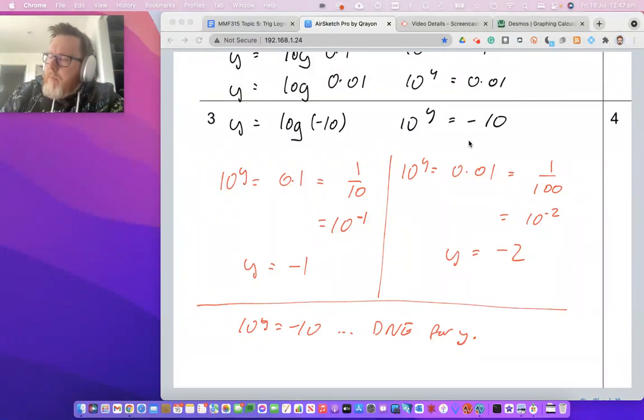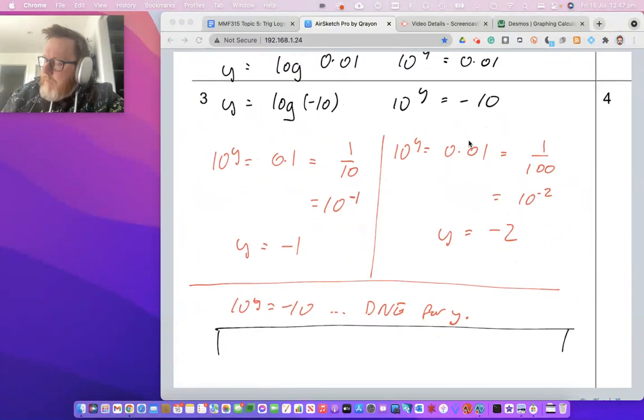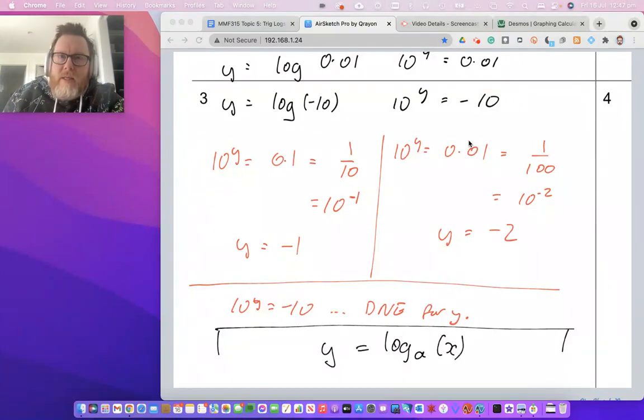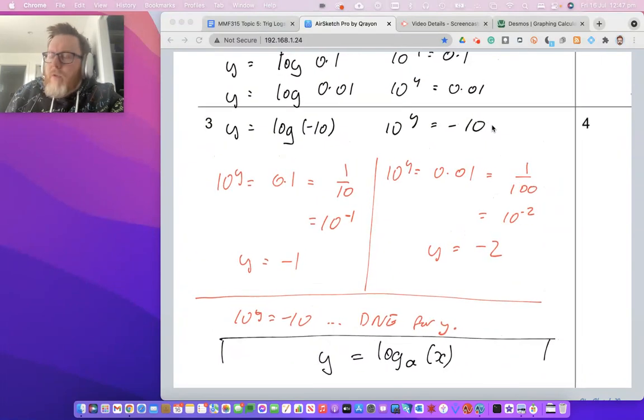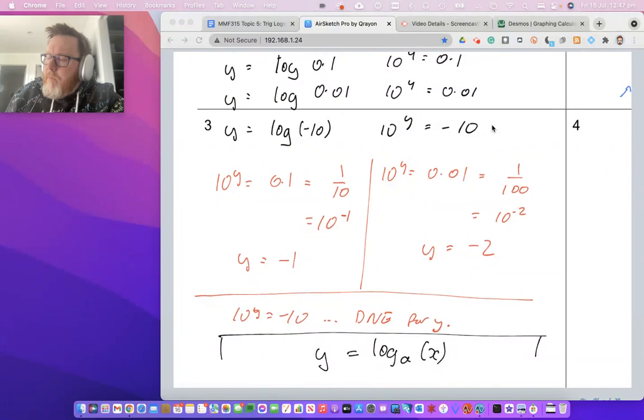Well, the basic logarithmic function is going to be y is equal to log base a of x. Now, I've been using log base 10 because it's easy enough to deal with, but it could be log base anything, and the same sort of logic that I have here would work. But we need to consider what the domain and range might look like.